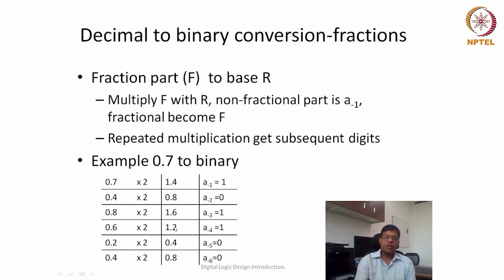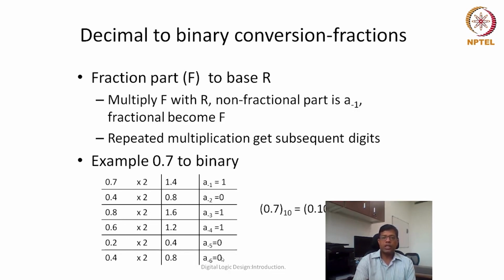This 0.2 again multiplied by 2 becomes 0.4. Here the non-fractional part is 0 and the fractional part is 0.4. So 0.4 we take to the next row, and 0.2 multiplied again becomes 0.8. So this particular part now represents the binary number.